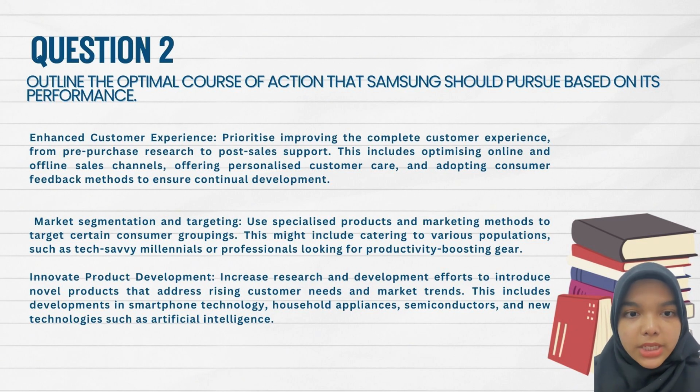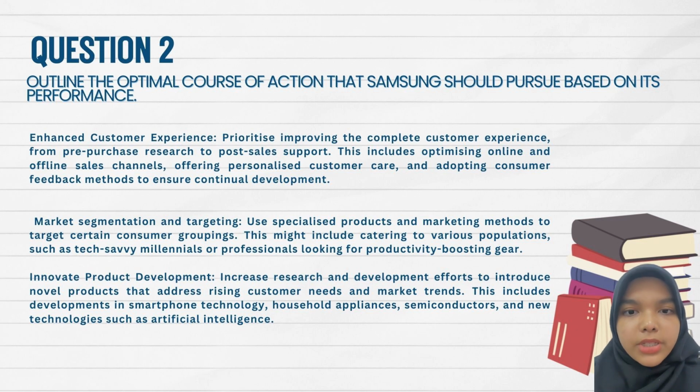For the second one, market segmentation and targeting. Use segmented products and marketing methods to reach certain consumer groupings. This might include catering to various populations, such as professionals looking for productivity-boosting gear. And the last one is enhance customer experience.